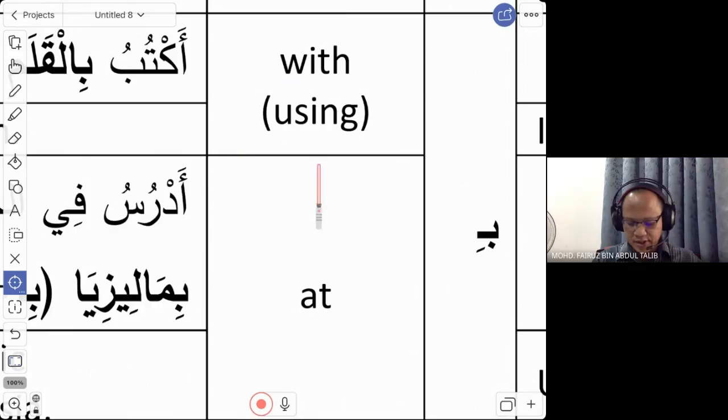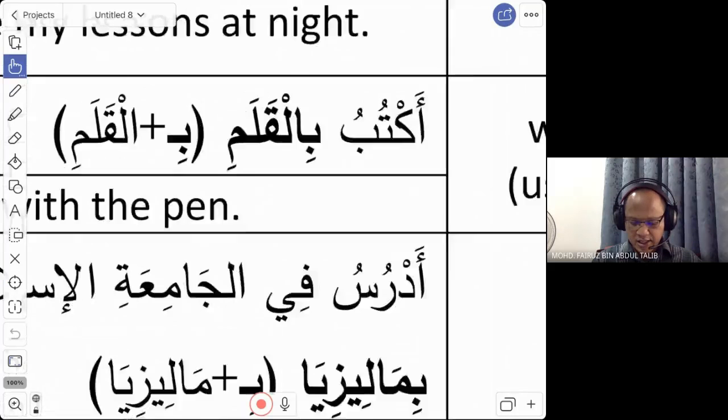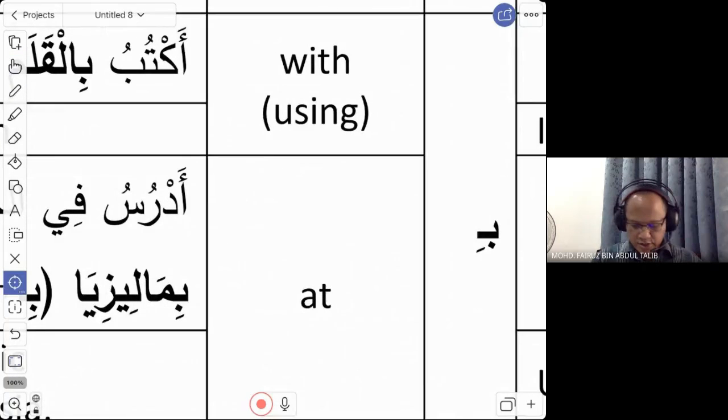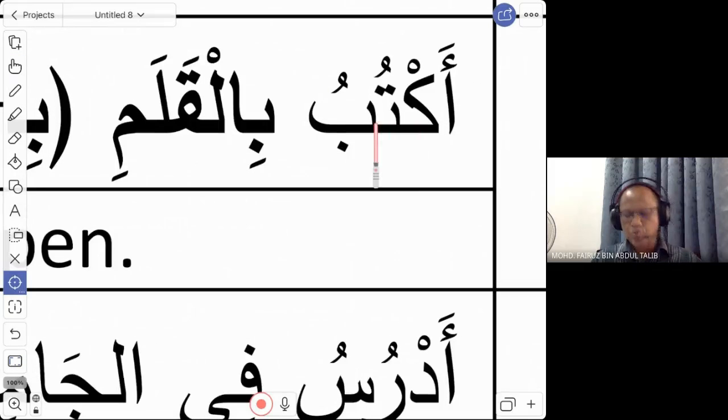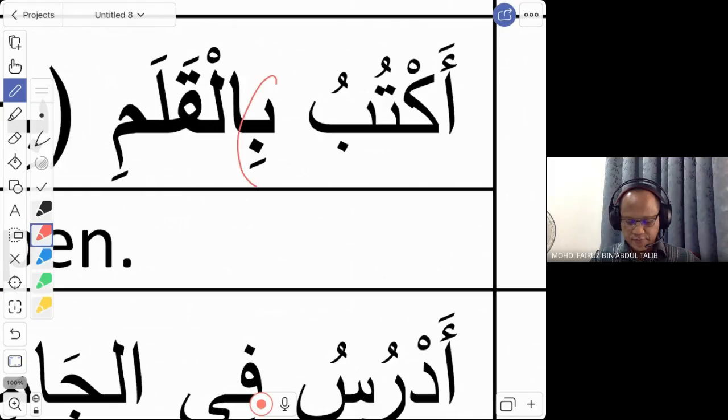For example, we say aktubu B. So this is the letter B. Again, as I said, it has to be joined to the next word. You cannot write B individually and then write another word. No, it has got to be joined.